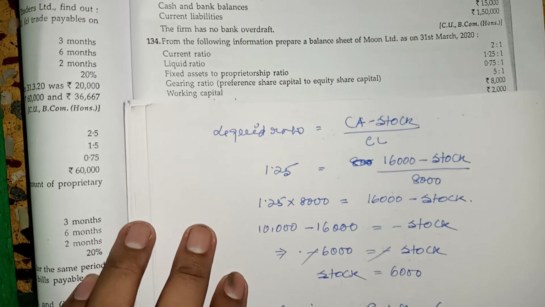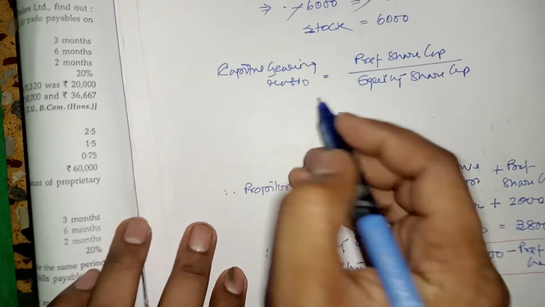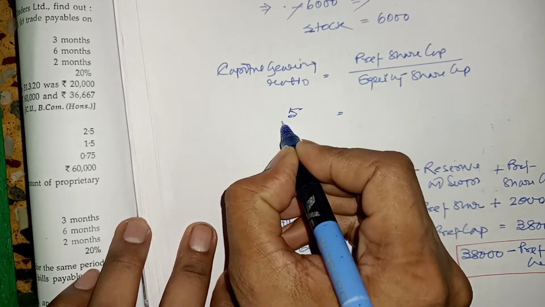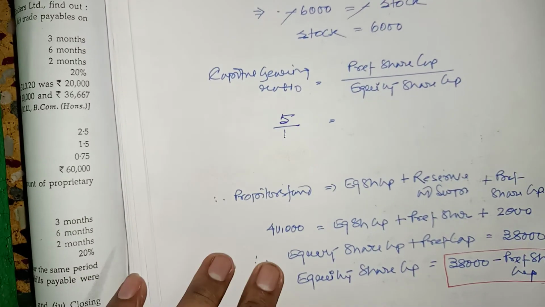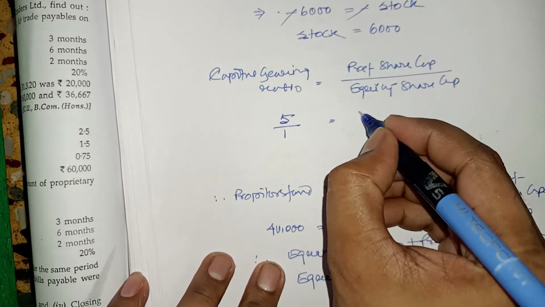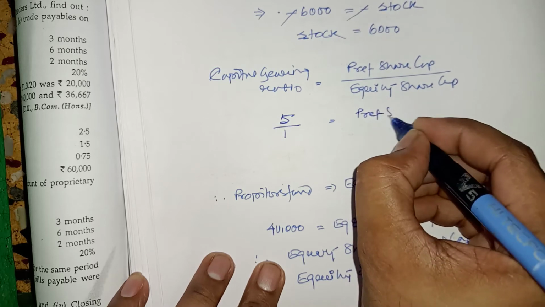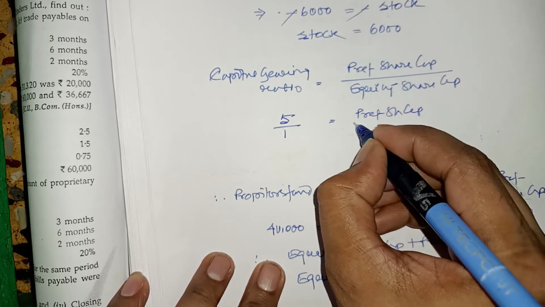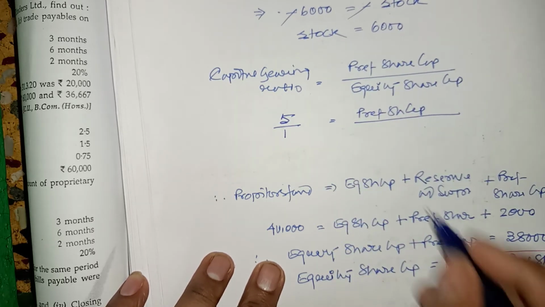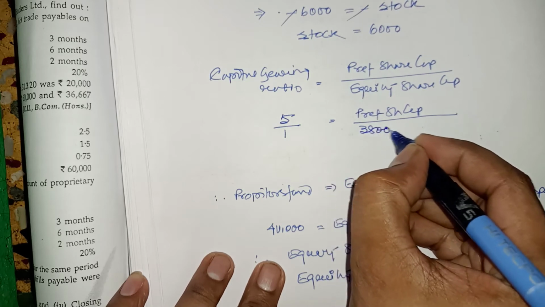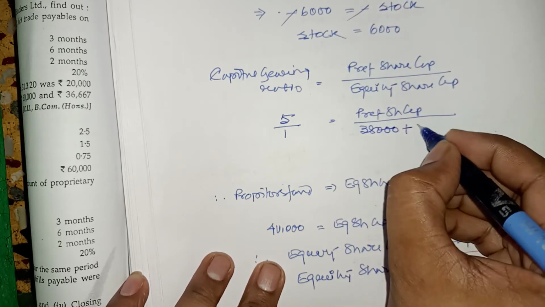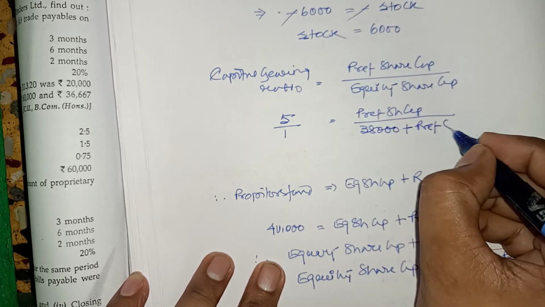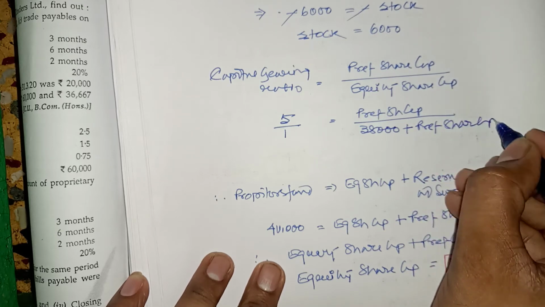So our capital gearing ratio is 5/1. So we can write 5/1, with the preference share capital taken as preference share capital, but instead of equity share capital we can write 38,000 plus preference share capital.